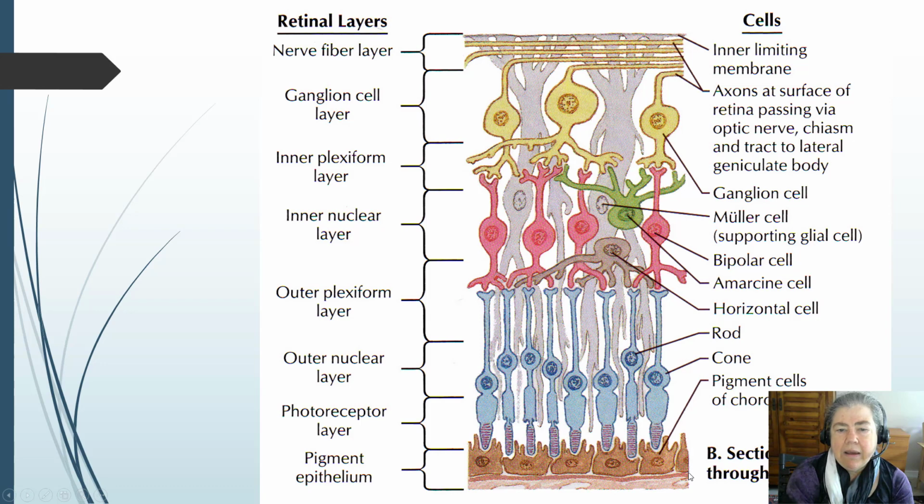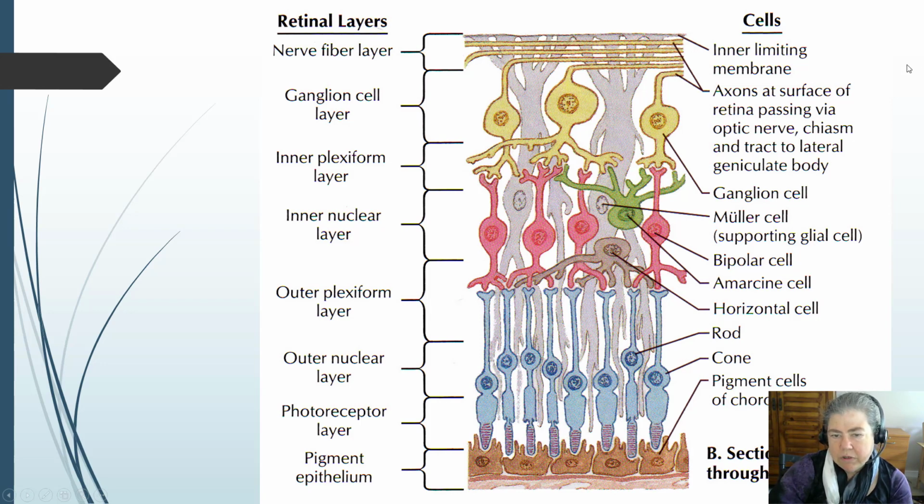Okay. Now, I said that the retina is made up of neurons, and it is made up of a number of kinds of neurons. The neurons that are deepest are the light detectors, the rods and the cones. And they are in direct contact with something called the pigment cells of the choroid, which is sort of an epithelium on this very vascular membrane that is the middle part of the structure of the eyeball.